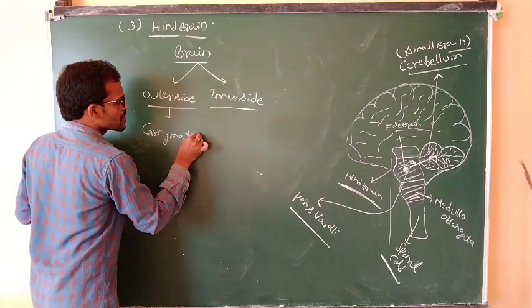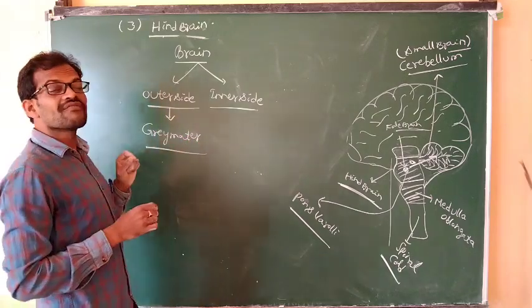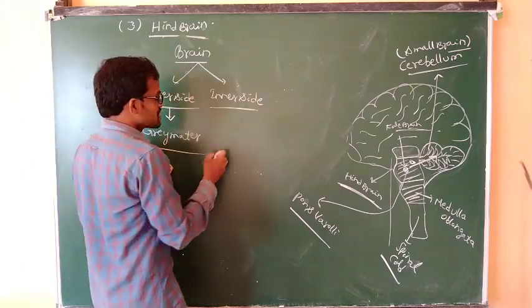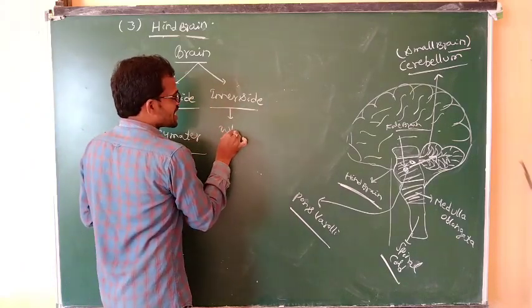The inside of the brain always consists of white matter.